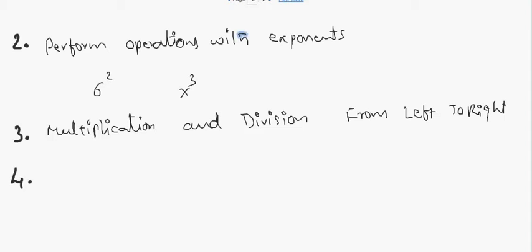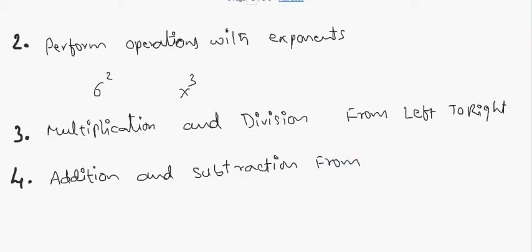And the fourth one is to perform all the additions and subtractions from left to right, in this direction.